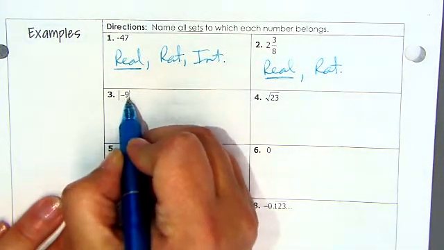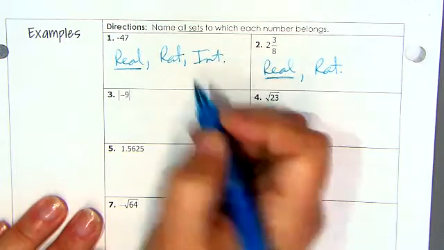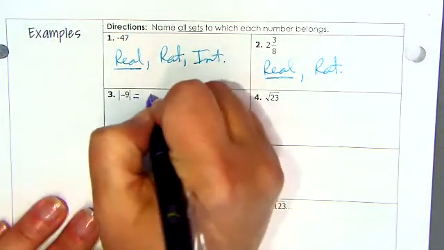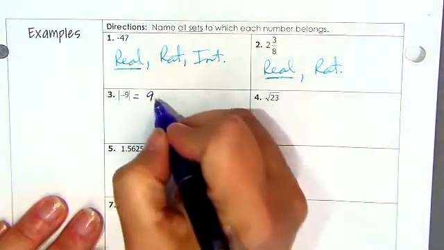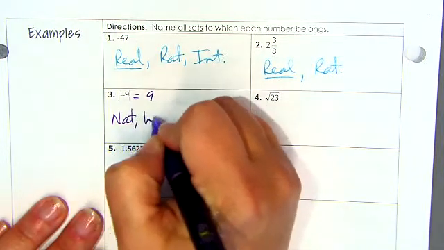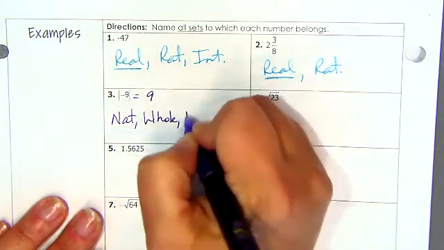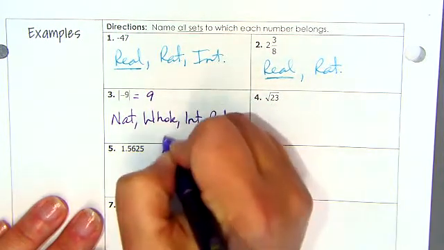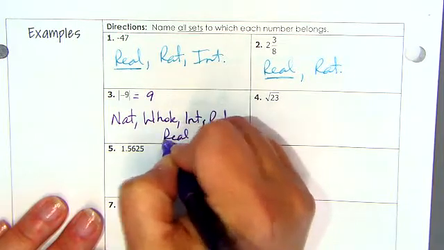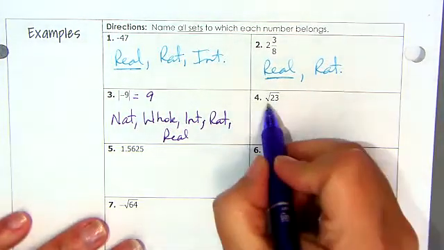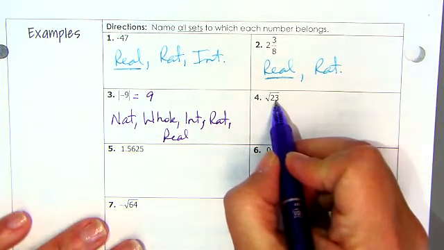Next, the absolute value of negative 9. I need to simplify, which gives me a positive 9. Since it's a positive 9, it's natural, whole, integer, rational, and real. You have to make sure that you list all of them. Square root of 23. 23 is not a perfect square, so this is not going to be a whole number.